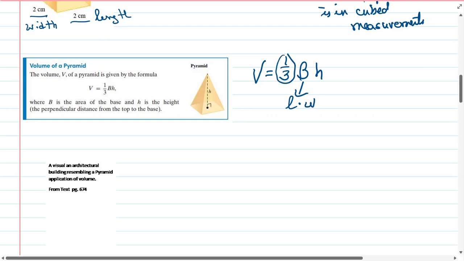And the height is a perpendicular drawn to the base of the shape of the pyramid. So we have a visual here of a solid. And you can see that inside, right here, is that pyramid. And we're trying to calculate how much of that pyramid is not included in the volume, and therefore they come up with this 1/3.